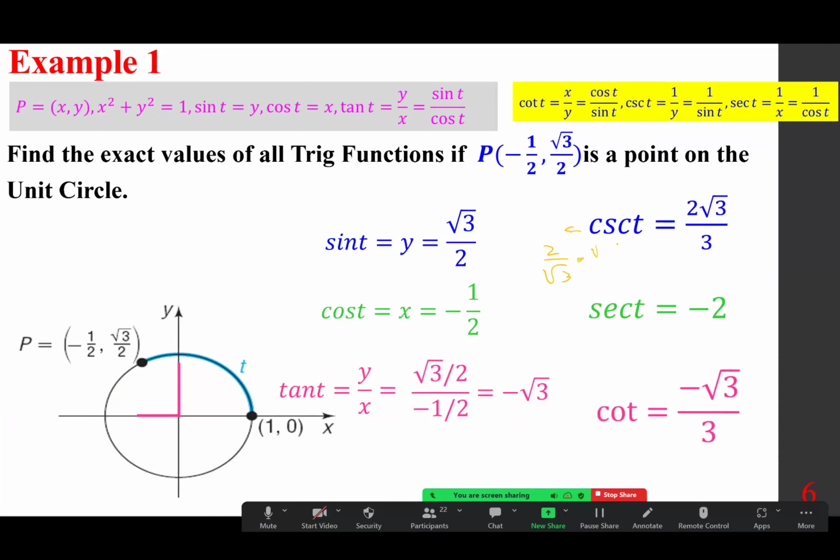So if you multiply it by square root of 3/3, you get this one. This one is -1/square root of 3. If you multiply that by square root of 3/3, rationalize it, and you get minus square root of 3/3.